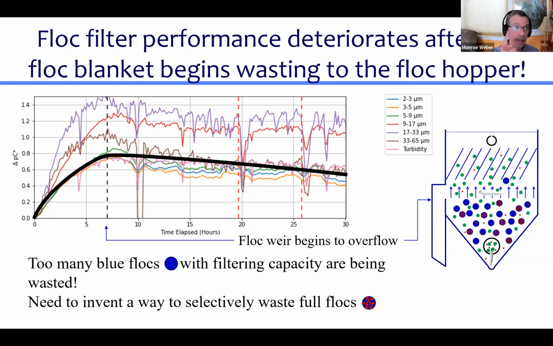The hypothesis is that at that point, for the first time, we start dumping some of the beautiful blue flocs that are very porous and that were working to capture some of the red small particles that the flocculator failed to capture. And so we're wasting some of our wonderful floc filters before they've actually gotten to do their job for us.